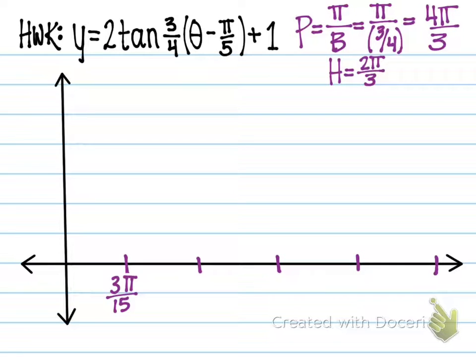Now we're gonna add 2 pi over 3, but 2 pi over 3 is actually 10 pi over 15, thank you. So we're gonna add 10 pi over 15 each step of the way. So what's my next tick mark on here? 13 pi over 15. Yep, and we're just gonna keep adding 10, so 23, 33, and so on.